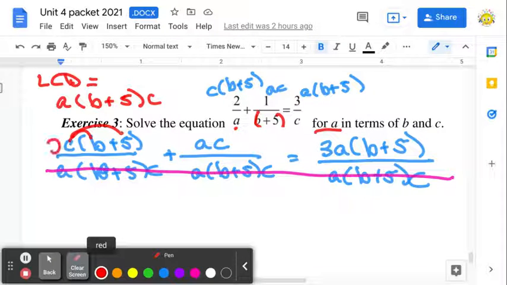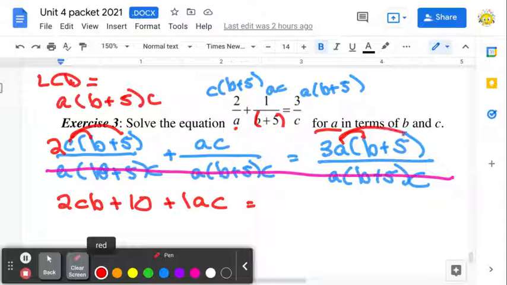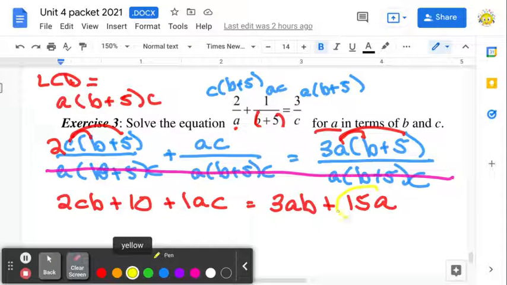Oops, I forgot the 2. I should write up these problems. So I have 2CB plus 10 plus 1AC equals, and I'm going to distribute here, 3AB plus 15A. Oh my goodness. So now they want us to solve for A. Here's an A term.